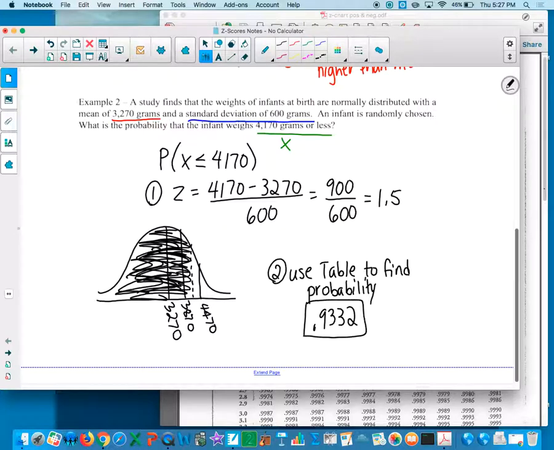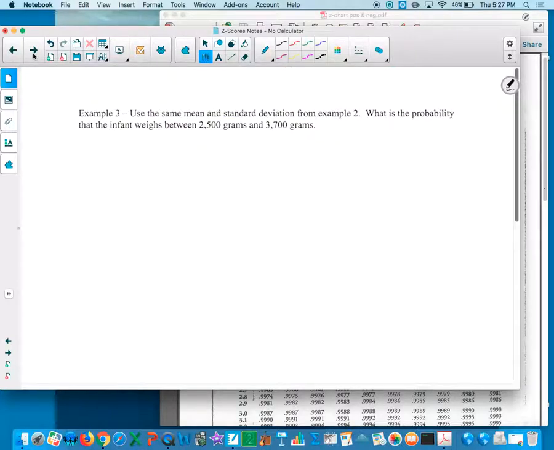Now this probability was rounded only to 2 decimals when we were doing it with our non-exact percentages, or the approximate ones that we used from before. But here we are going to get 4 decimal places every time from the chart. So let's try another one where the area is in between because that's a little bit different. So this one we want to figure out the probability that the infant weighs between 2,500 grams and 3,700 grams. So it's good to kind of get an idea of what's happening here.